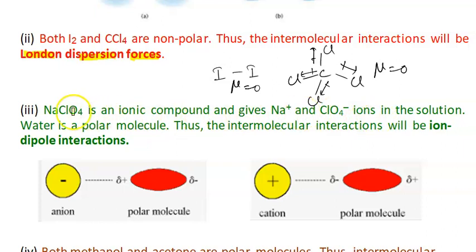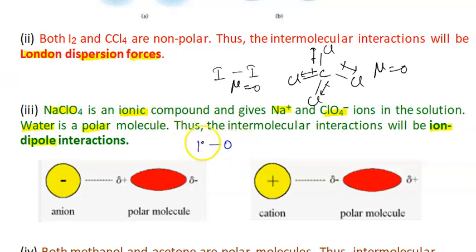Coming to the next one, sodium perchlorate, NaClO4, is an ionic compound and gives Na plus and ClO4 minus ions in the solution. And water is a polar molecule. That means the interaction will be between an ion and a polar molecule, so it must be ion-dipole type. This is an anion, for example ClO4 minus. Therefore, the positive pole of water, which is hydrogen, delta plus, will be attracted towards it.